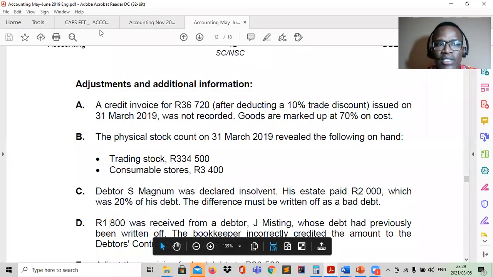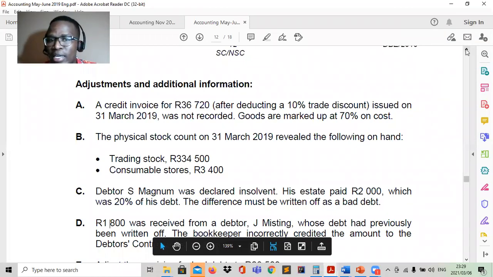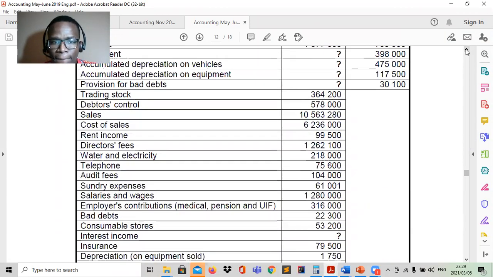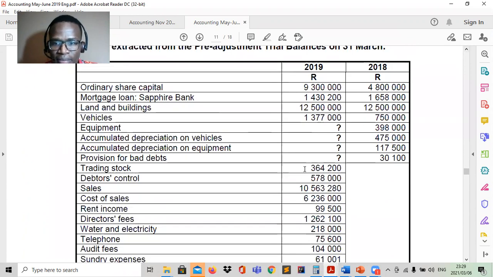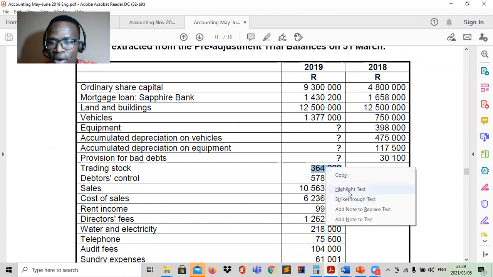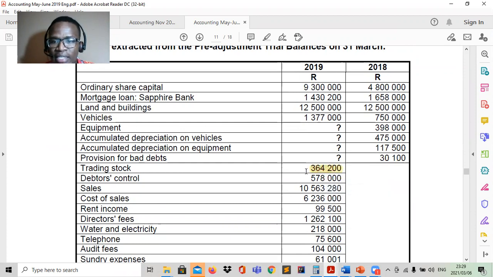Let me just print this on the side so that I can scroll. We are told here from our question paper that the trading stock balance is 364,200, right?